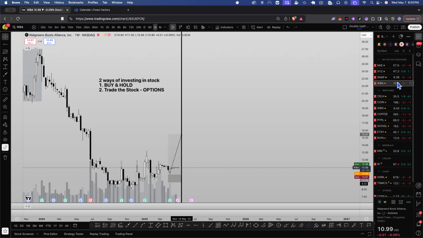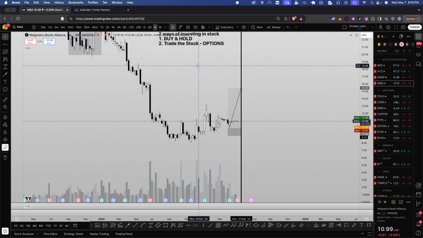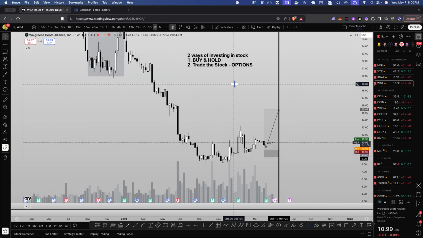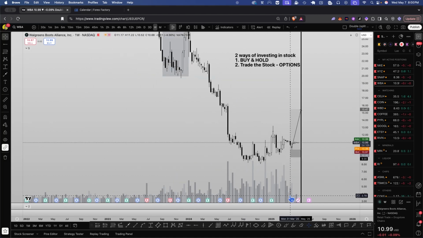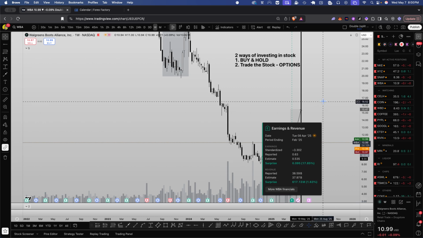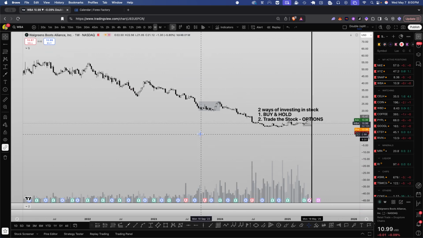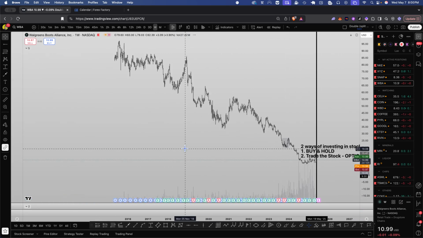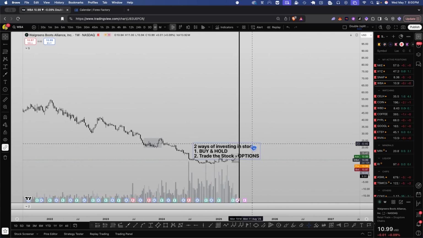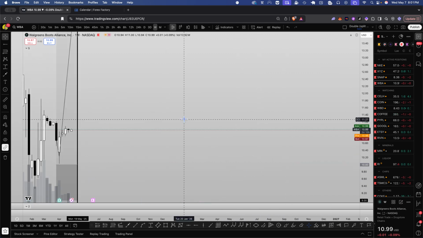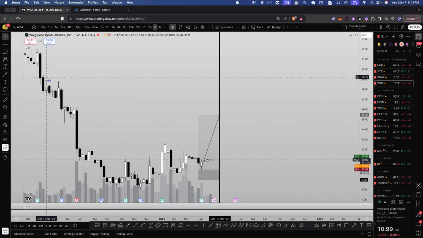This was a stock which we talked about last week as well, which was WBA, Walgreens Boots Alliance. So chemists in the US. Once again, this earnings here came out positive. And you can see we have some pretty big moves to cover still on the way up, and I'm bullish personally on this company in the sense that these guys are pretty much in every corner in the US.